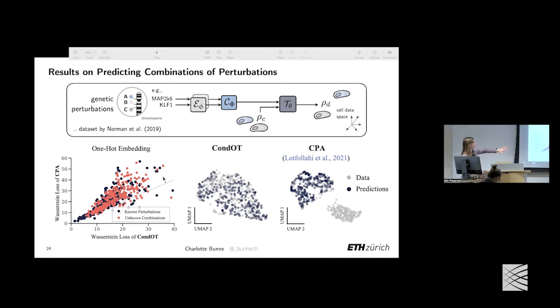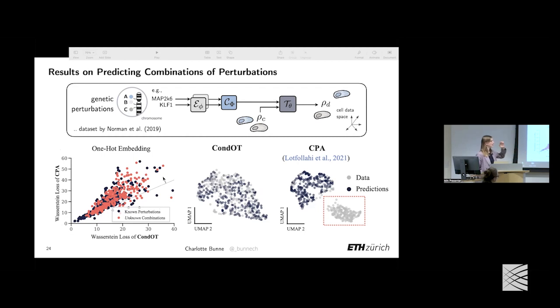This is just for one particular combination here, MAP2K6, KLF1. But we have, of course, a lot, and the paper has much more. And somehow we often see that CPA, because it still has a very strict assumption on the latent space, is not able to really match the heterogeneity of the population as a whole, but always leaves out certain subpopulations.